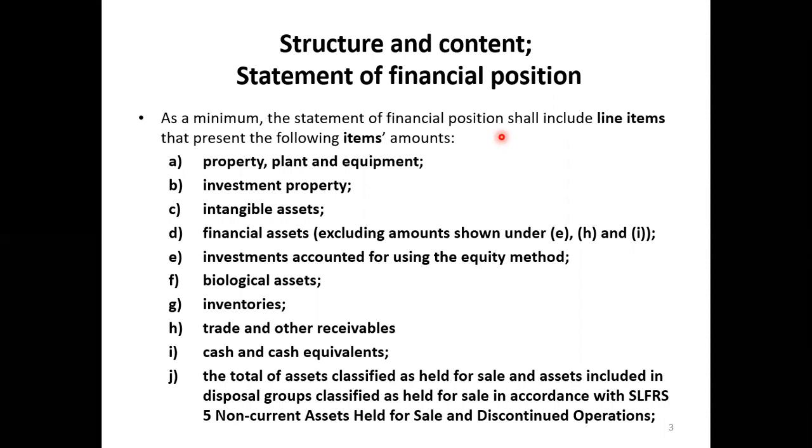You can find property, plant, equipment, investment property, intangible assets, financial assets, excluding amounts in E, H, I, that is investments accounted for using the equity method, biological assets, inventories, trade and other receivables, cash and cash equivalents, the total of assets classified as held for sale, and assets included in disposal groups classified as held for sale in accordance with SLFRS 5, non-current assets held for sale and discontinued operations.